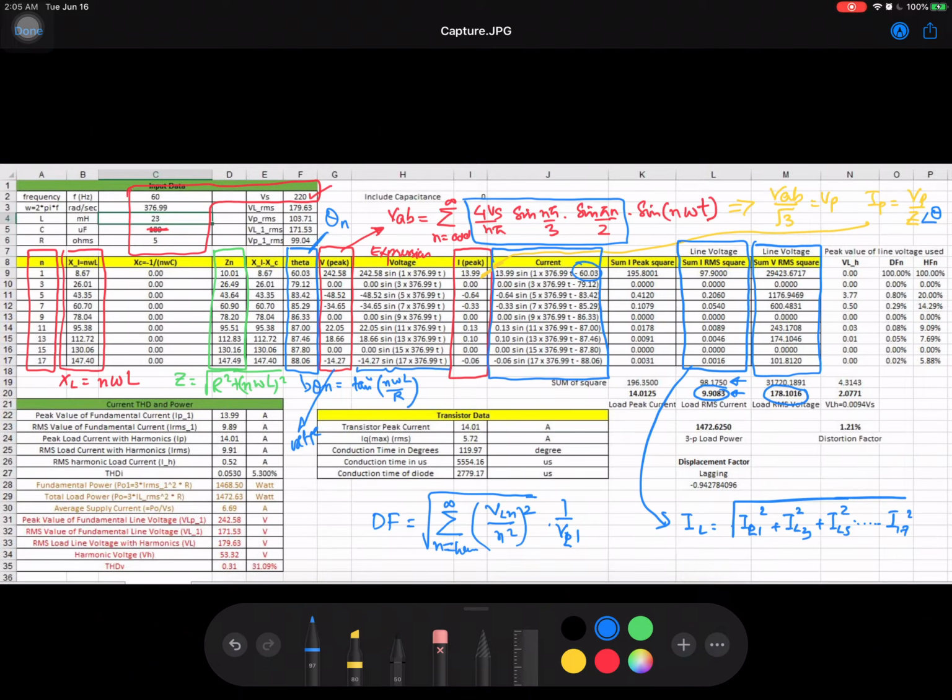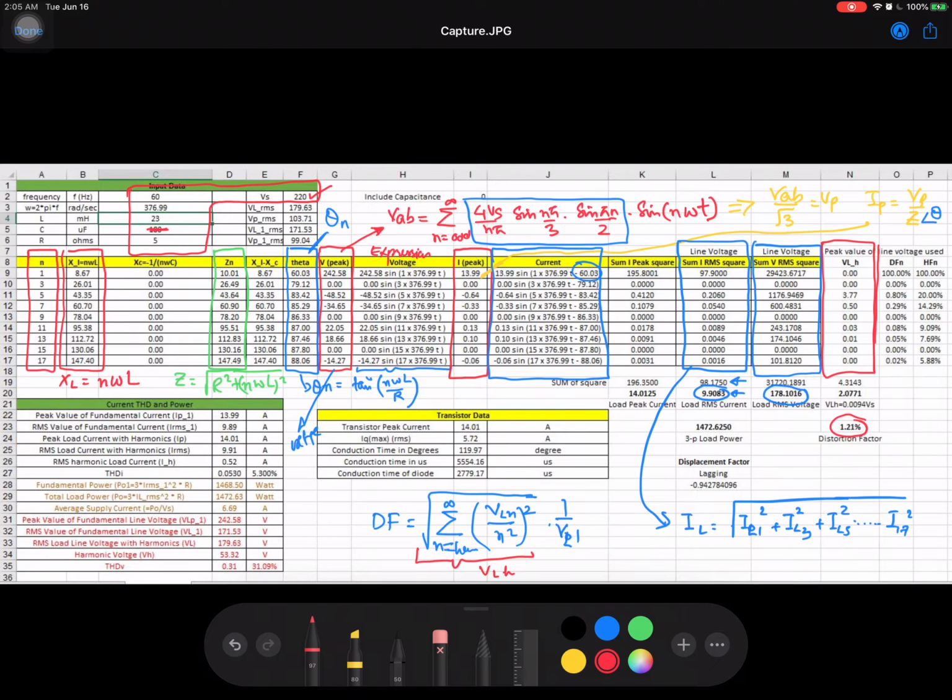So first of all I am calculating this part, which is represented as VLH. This expression is calculated, and then dividing by the fundamental component we will get the distortion factor. So the distortion factor for this particular example is 1.21, right?